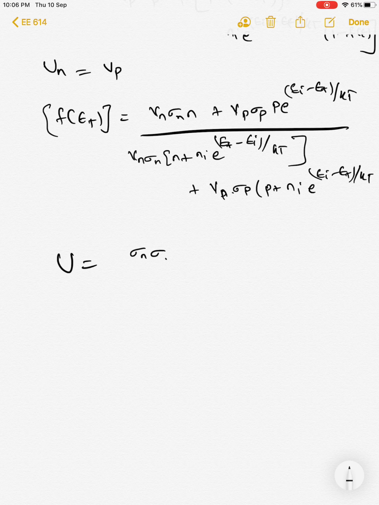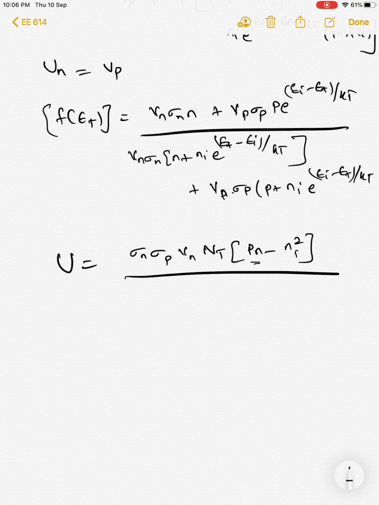sigma n sigma p Vn nt (pn minus ni square). Sigma n and sigma p are the electron and hole capturing efficiency, right? Here ni is the intrinsic carrier density, and pn minus ni square is how far the system is from equilibrium. If pn is equal to ni square, then you have no recombination, correct?